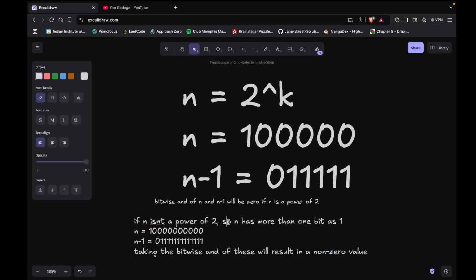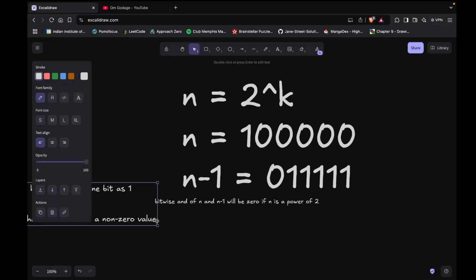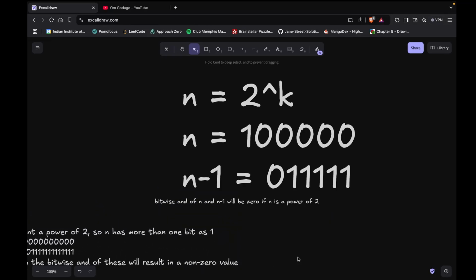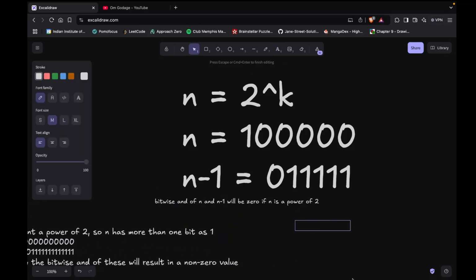So over here we have assumed that n has more than one bit. It can have less than one bit as well, which is a special case. If n is 0, then it has no ones in it, and so this case is handled separately. That's all.